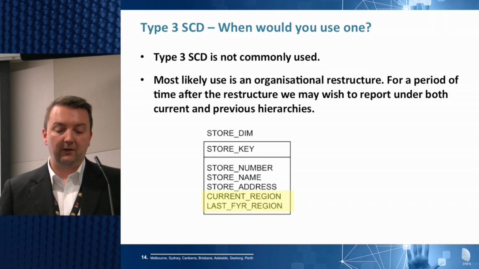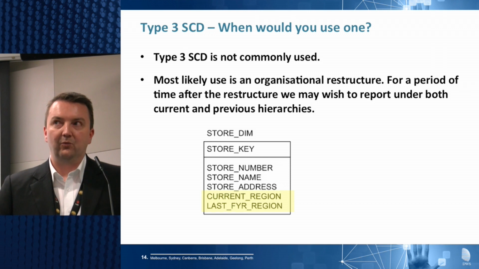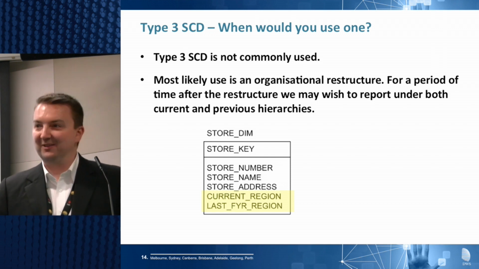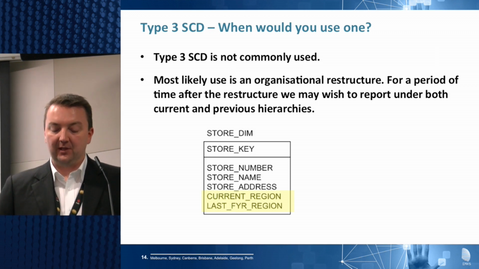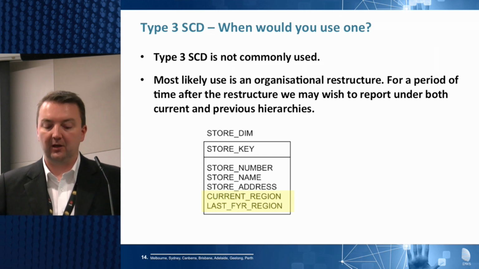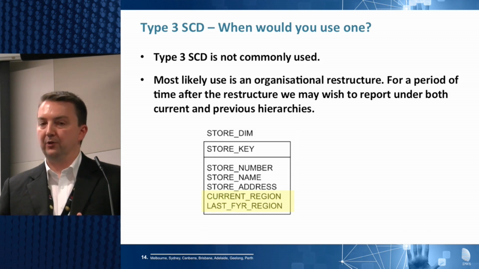The time that I've seen it used is in one of Australia's largest telecommunications providers, without providing any names. And there, it was in their product hierarchy and their cost centre hierarchy. They would change them financial year upon financial year.